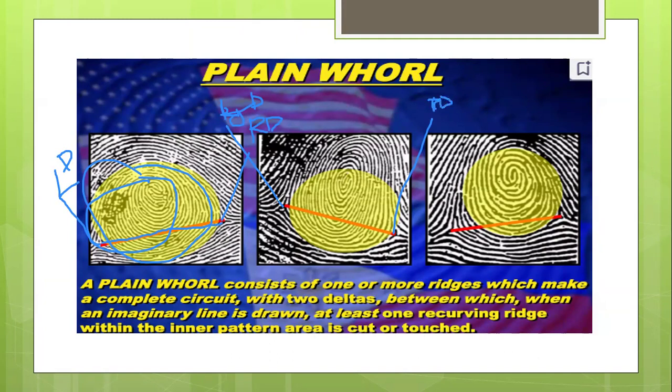So, when an imaginary line is drawn between two deltas from left to right, it is very evident that there are circuiting ridges that touch the imaginary line. That is why it qualifies as a whorl pattern, particularly plain whorl.